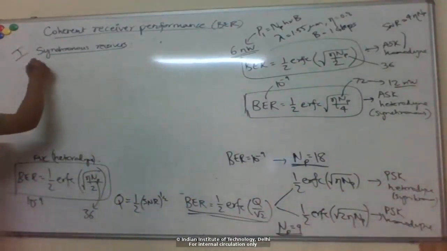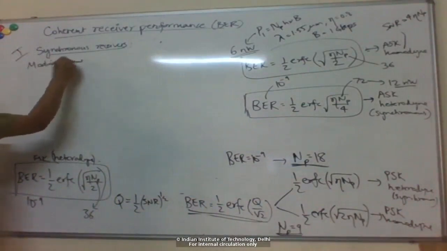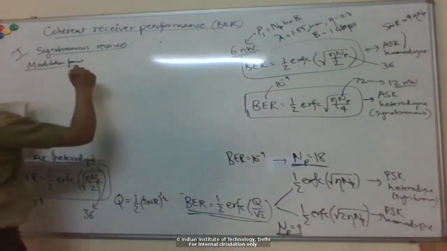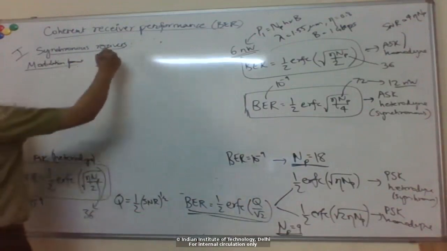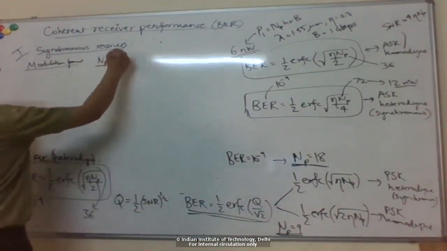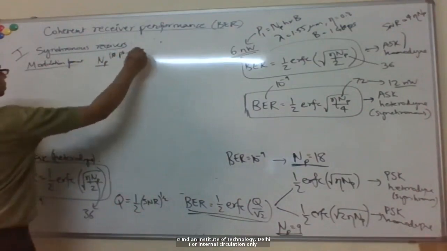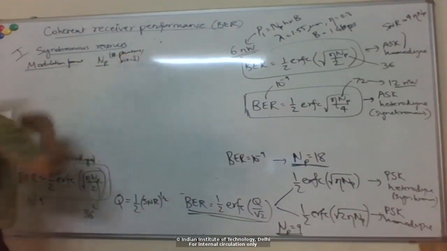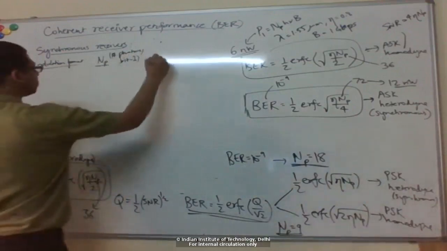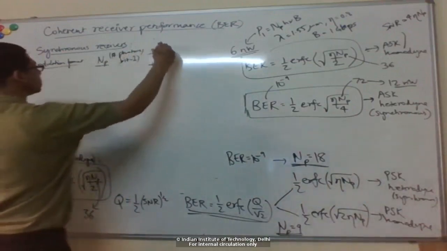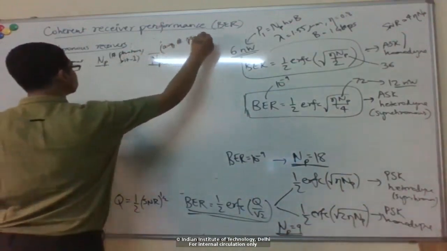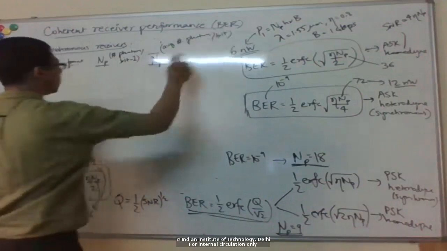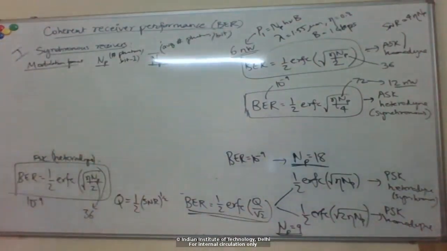Okay, so for synchronous receivers, let's say here are the modulation formats, and this is the receiver sensitivity, number of photons per bit 1, so number of photons in bit 1, and then we can also look at the average number of photons. So this is average number of photons per bit across both bit 1 and bit 0.